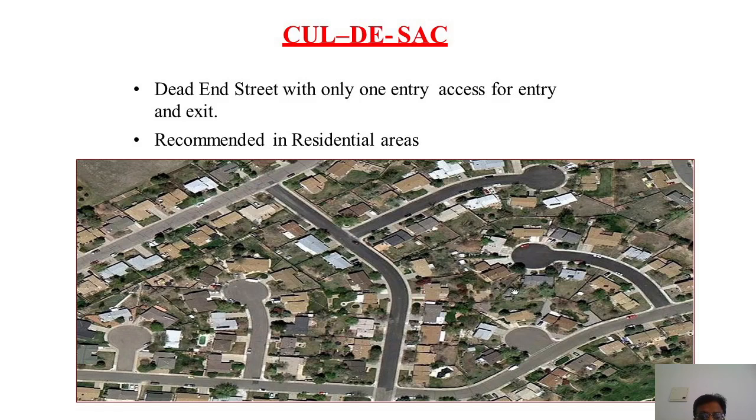So there is a dead end here, and here also. Dead-end street with only one access for entry and exit. Recommended in residential areas. So in almost all your residential or housing areas, you can have this type of road. So these roads are basically for urban roads.